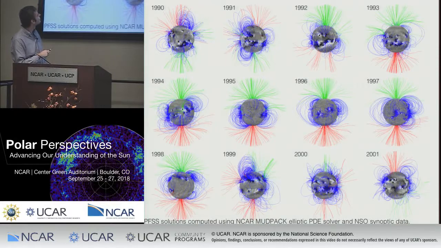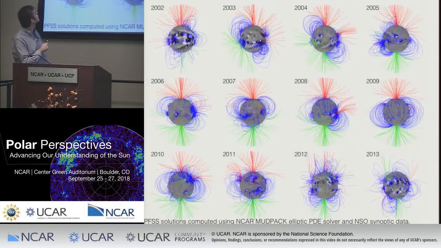Then we had a minimum, with the dipole becoming pronounced. Then the cycle 23 reversal was the messy reversal at the South Pole. So the North Pole reversed in a few years, and in the south it took a long time, about 5 or 6 years.